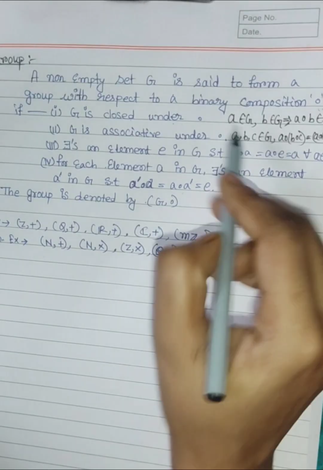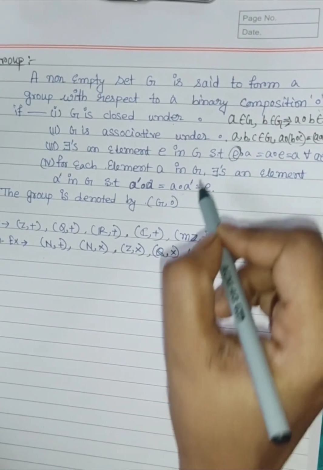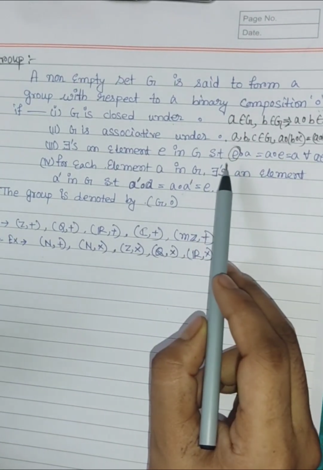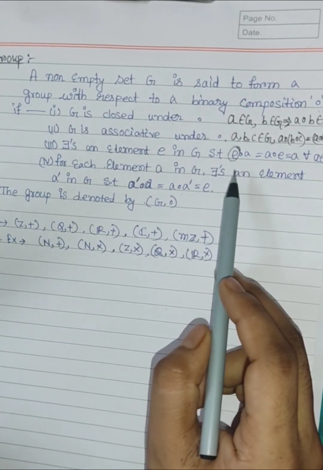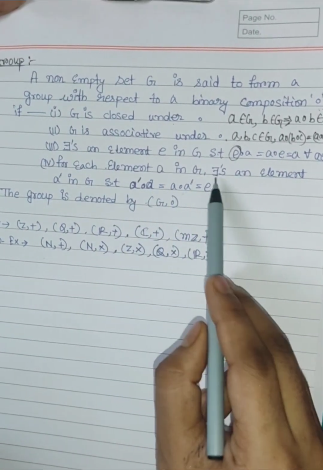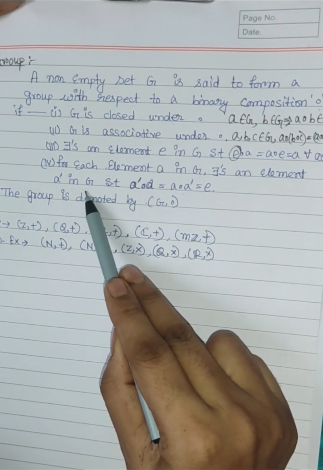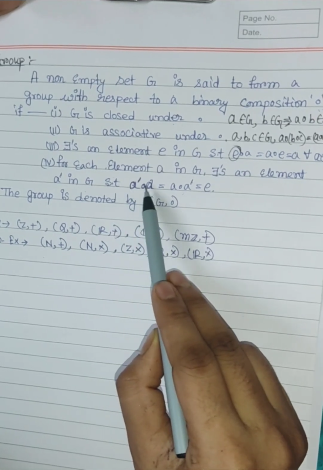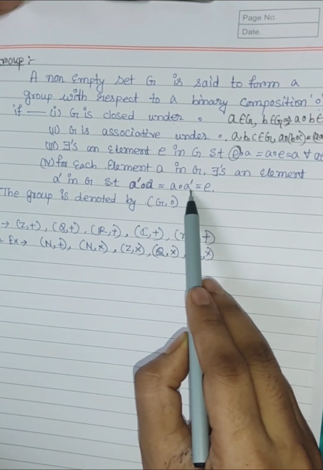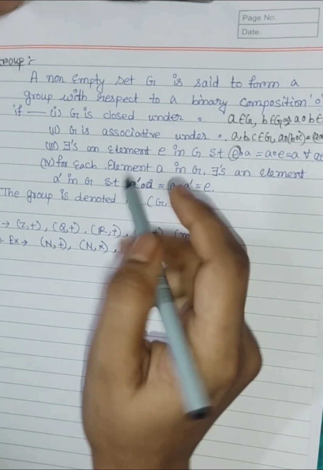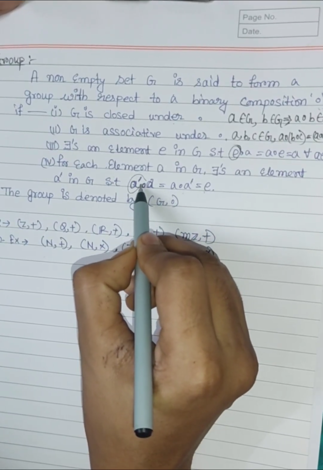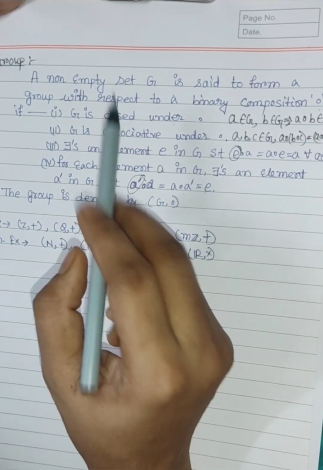This element E is called the identity element. Okay. That means the group has an identity element also. Now again, for each element A in G there exists an element A dash in G such that A dash not A equal to A not A dash equal to E. And what is this A dash called? This A dash is called the inverse element.